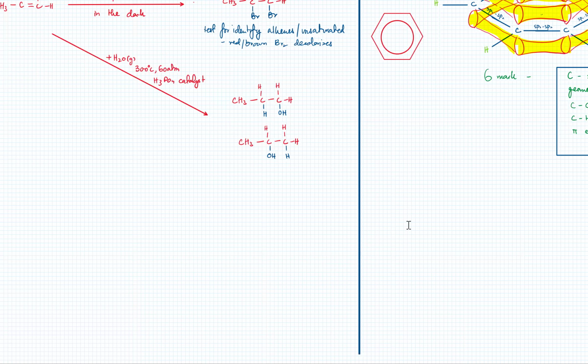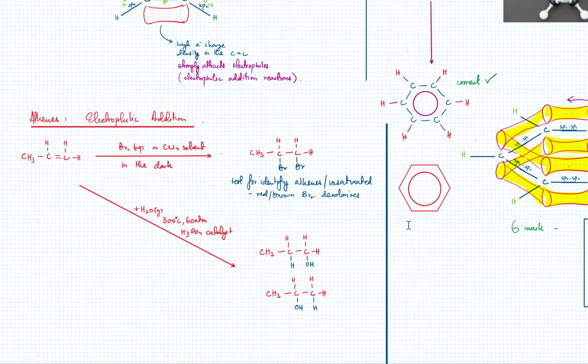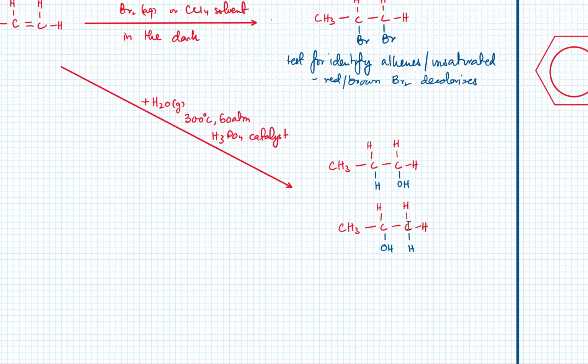It depends on the hydrogens, right? It does depend on the hydrogens attached. So the rule, Markovnikov's rule, was that the H likes to bond with the carbon in the double bond which already has more H's.